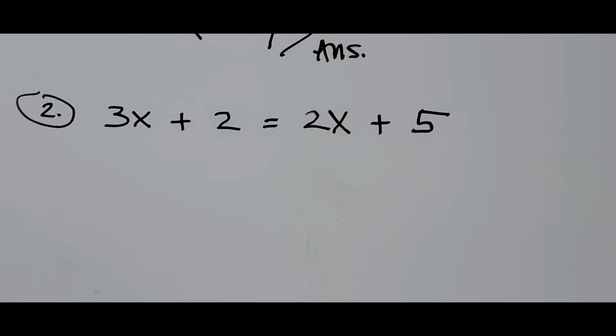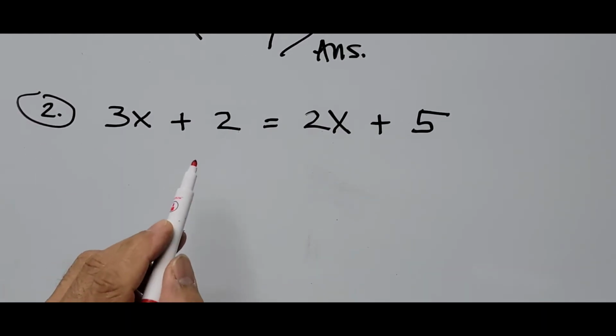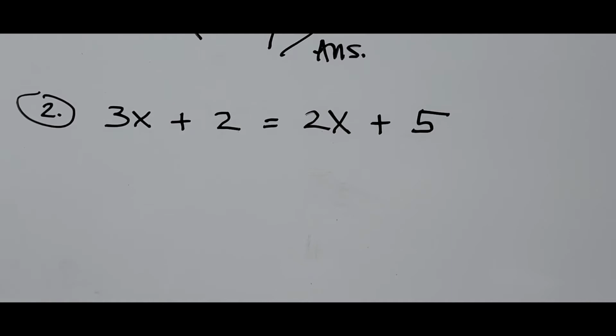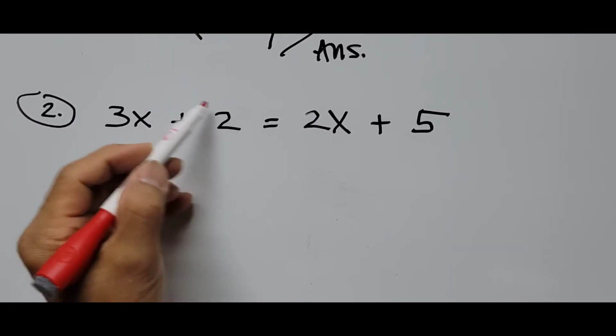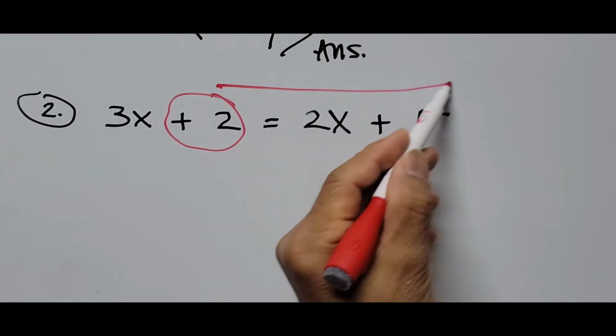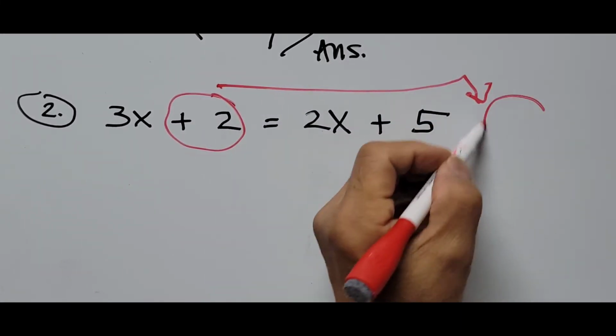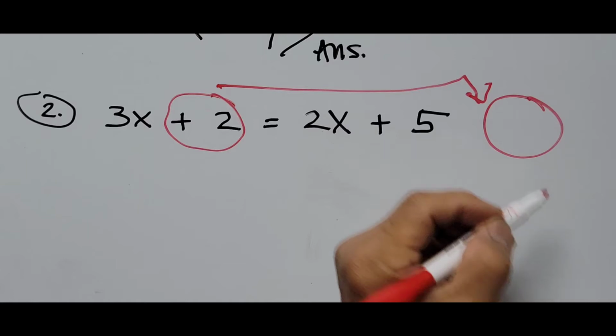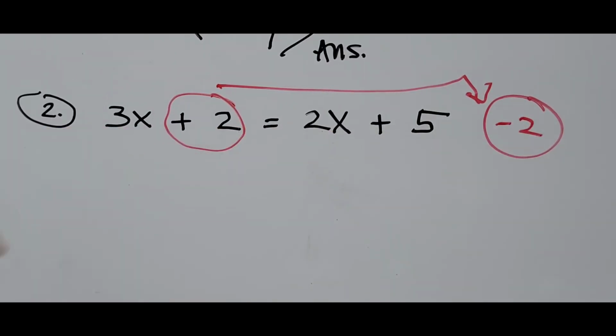So first, we identify the variable, we move it to the left all by themselves, and all the constants to the right. We have a constant here. Let's move it to the right. It will become plus 2, it will become minus 2.